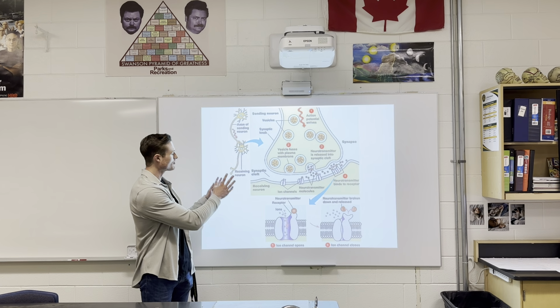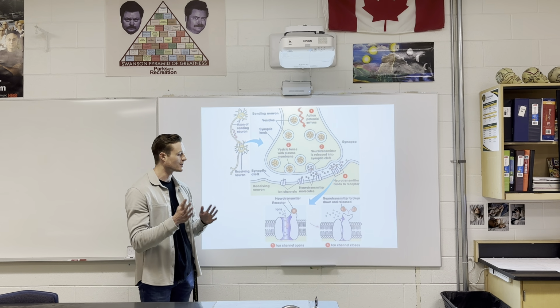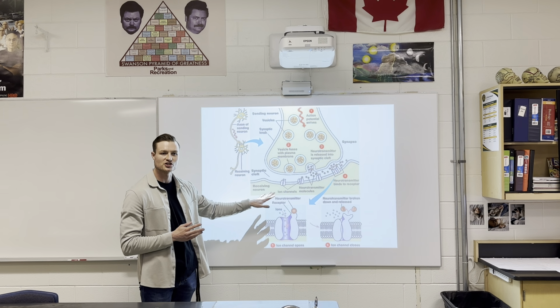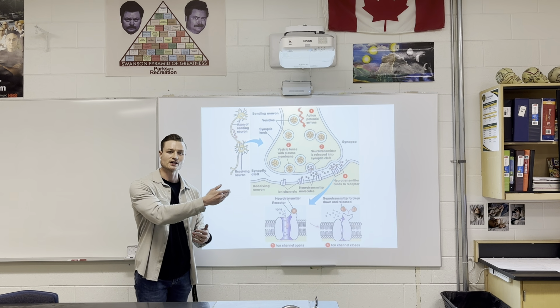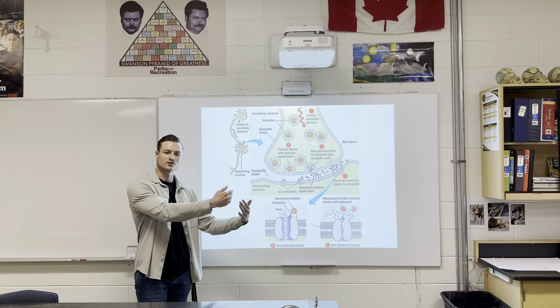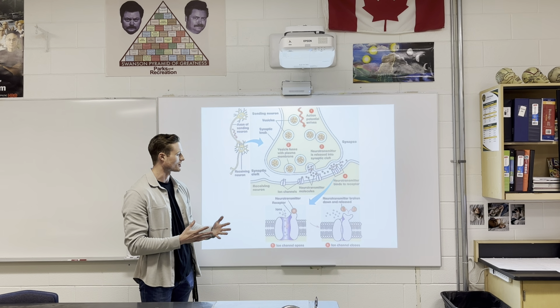Then the neurotransmitter is released across the synaptic cleft, and notice how the two neurons don't actually touch each other. That's why we can't just send an action potential from one neuron to the next. We actually have to allow the chemical to diffuse across the synapse because the nerve cells don't end up touching one another.